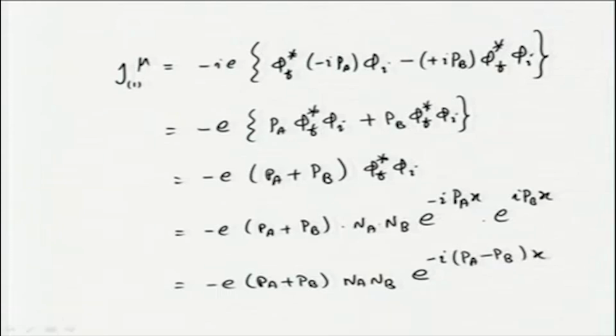So, that is the current that I have here. J2, so this was J1 and J2 mu. Let us consider this to be some chi_i initially with momentum p_c and chi_f with momentum p_d.